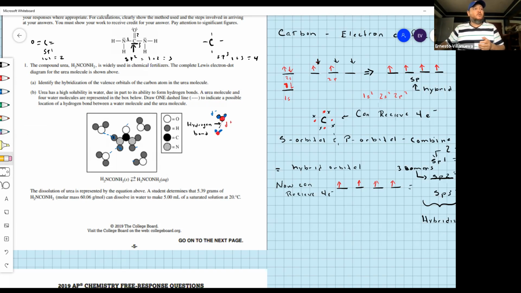So you would just have to draw a single line to represent that. Go ahead and erase all this. So you can just do this. And that's it. This just shows that you understand that there's an attraction here.